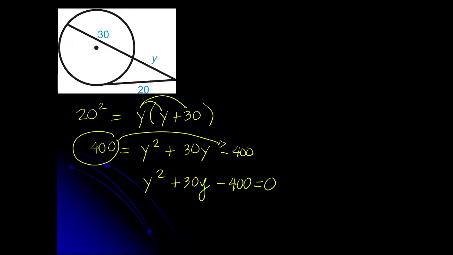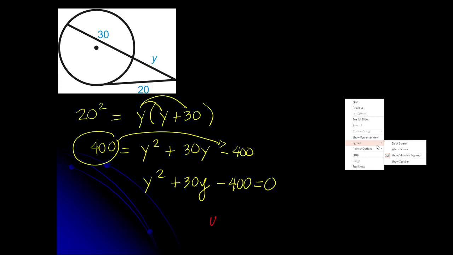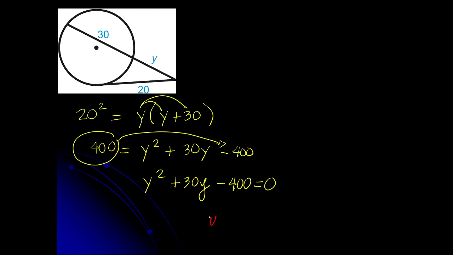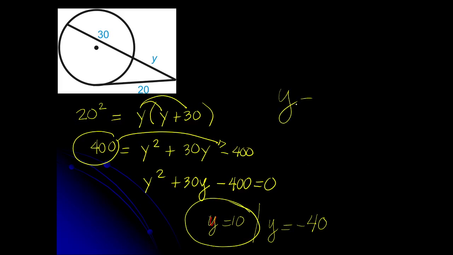So, going back to my presentation, the value of y here is simply equal to what? Take note, the two values are y equals 10 and y equals negative 40. Since I will use the positive 10, y is equal to positive 10.